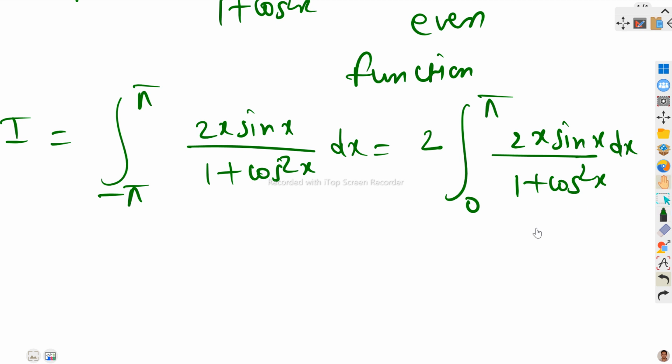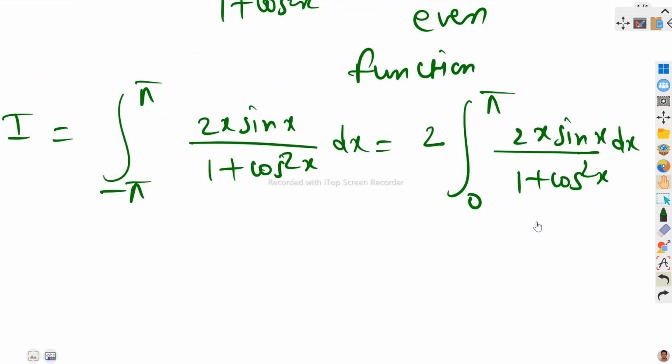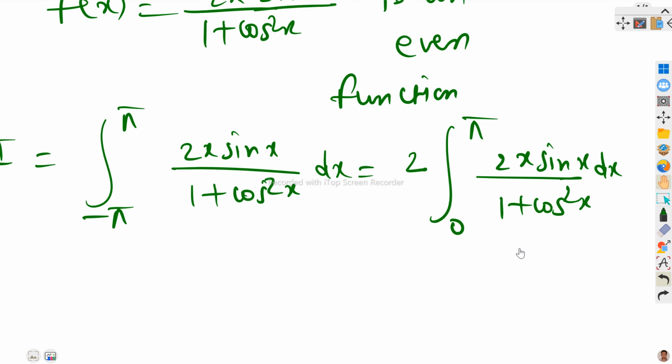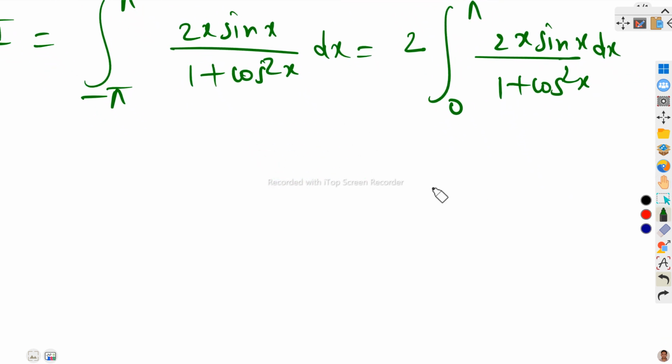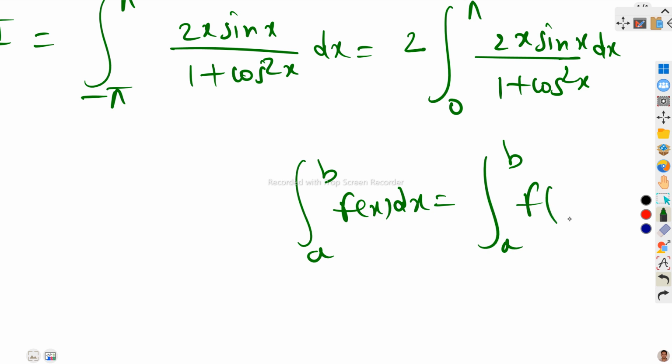Again, we are going to use the property that the integral from a to b of f(x) dx equals the integral from a to b of f(a plus b minus x) dx.